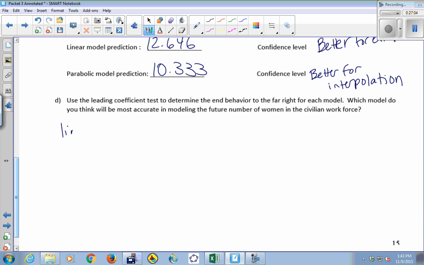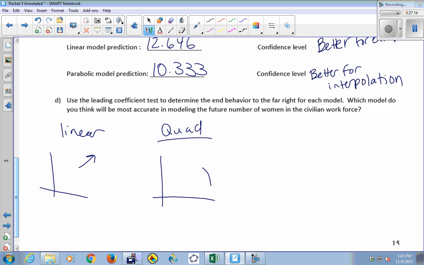So my linear model is going to have end behavior that goes up forever. Quadratic is going to have end behavior that goes like that. So linear is going to be better for modeling future numbers. Okay. Right, because the quadratic is eventually going to predict negative women in the workforce, which doesn't even make any sense.